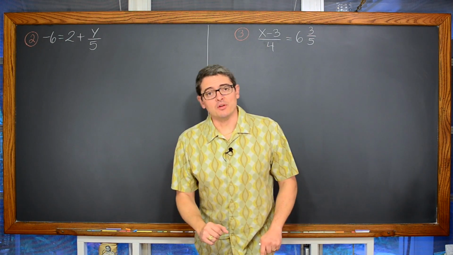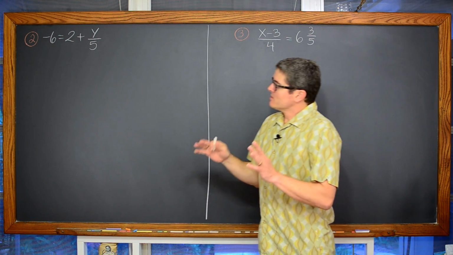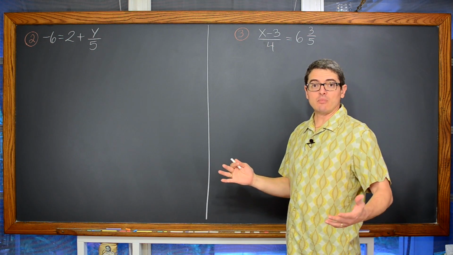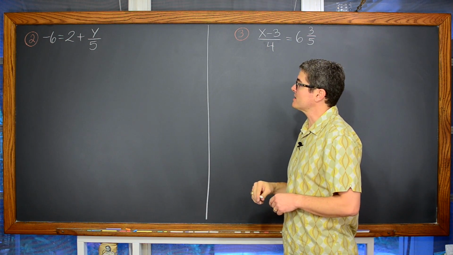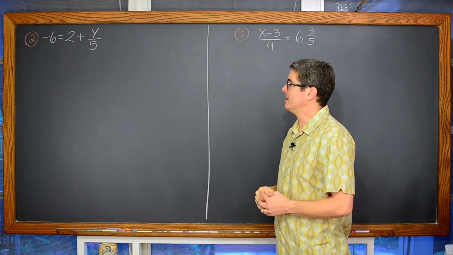Negative 6 equals 2 plus y over 5. Okay, so how are we going to solve this for y? It looks a little bit different. We have a fraction bar in it, and the variable is on the right-hand side. I'm perfectly happy with the way that equation is written.